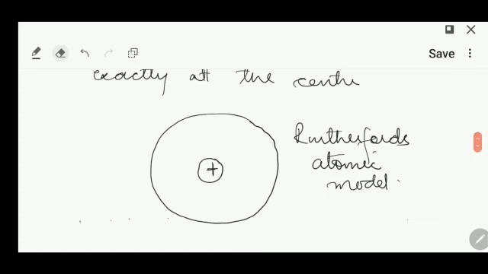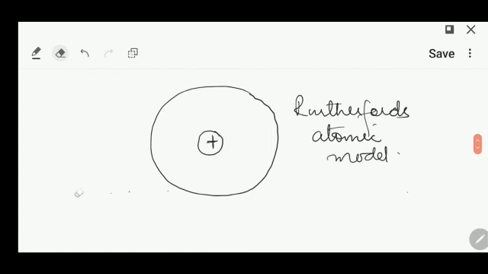I am going to explain the limitation or the failure of the Rutherford atomic model.